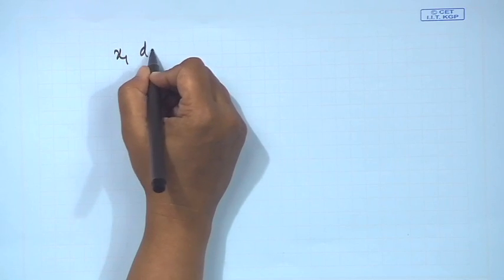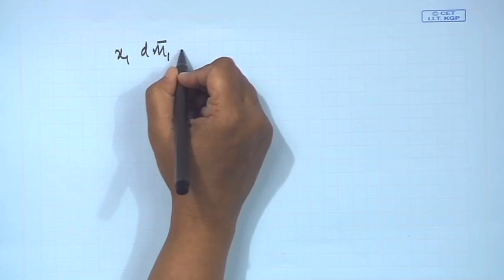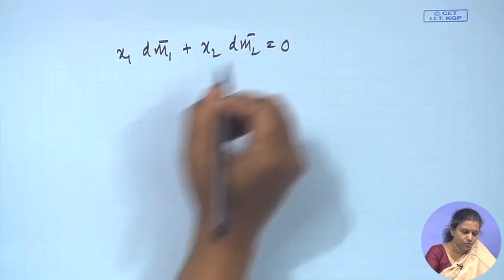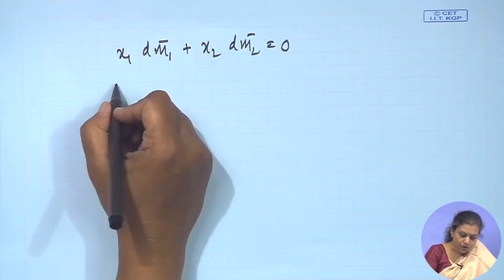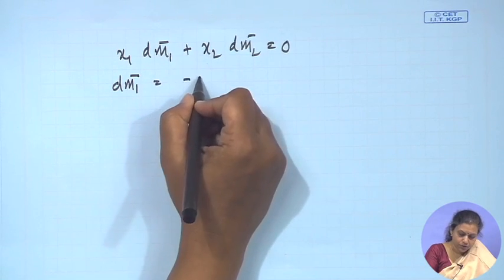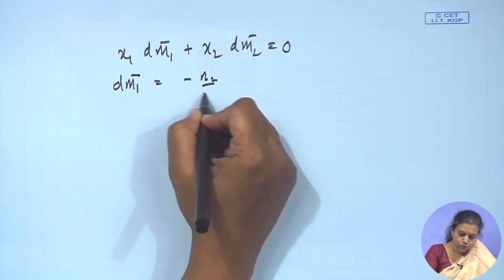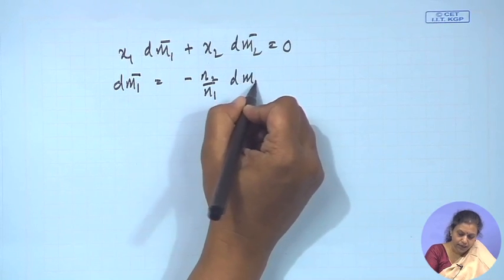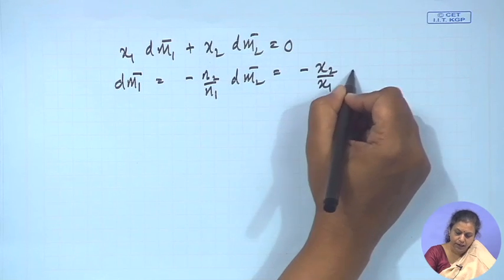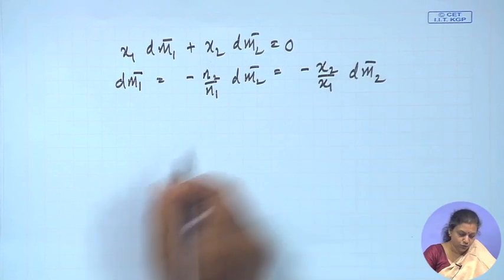What is it? x1 dm1 bar plus x2 dm2 bar equals 0. I can also write it down as dm1 bar equals minus n2 by n1 dm2 bar, which is nothing but equal to minus x2 by x1 dm2 bar.